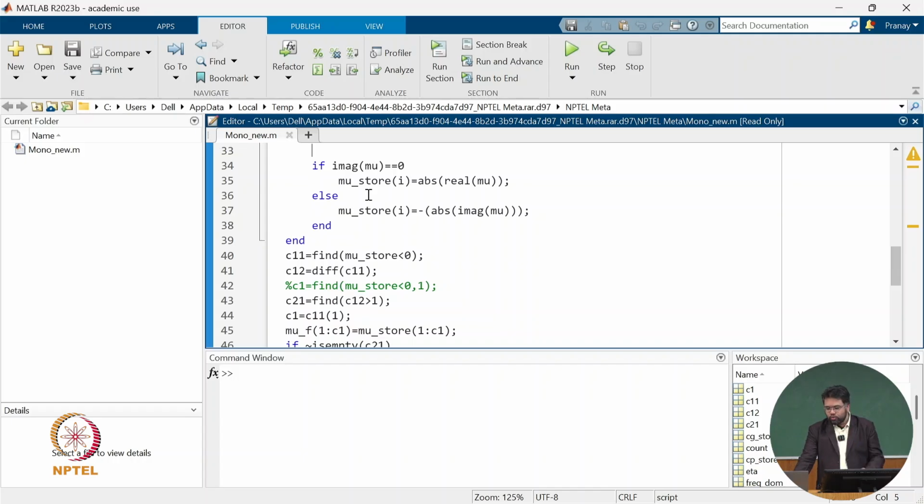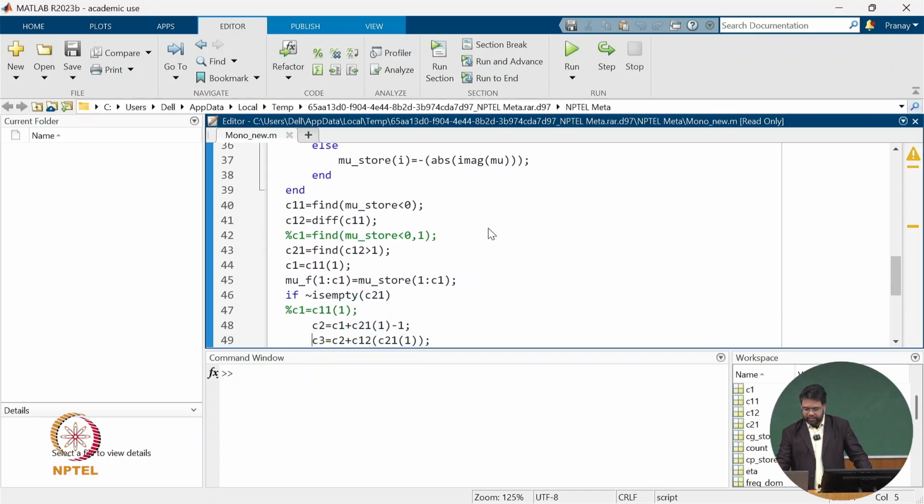In that case we store mu as a positive value. Once the imaginary part of mu is not 0, whatever the value, positive or negative, we store the absolute value of the imaginary part of mu with a negative sign. That means on the positive side of the axis we will get the real part, and the negative side will show the imaginary part. Agreed? That is how we can write that portion.